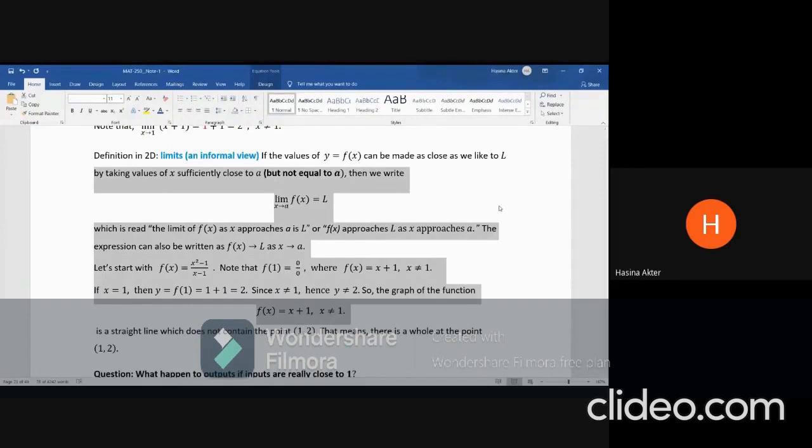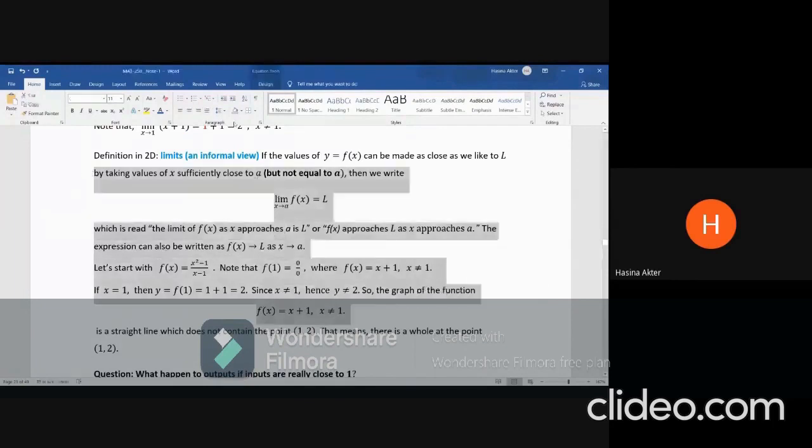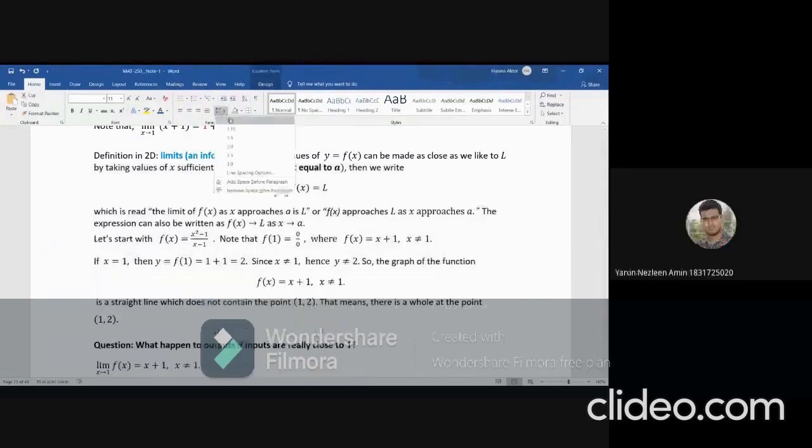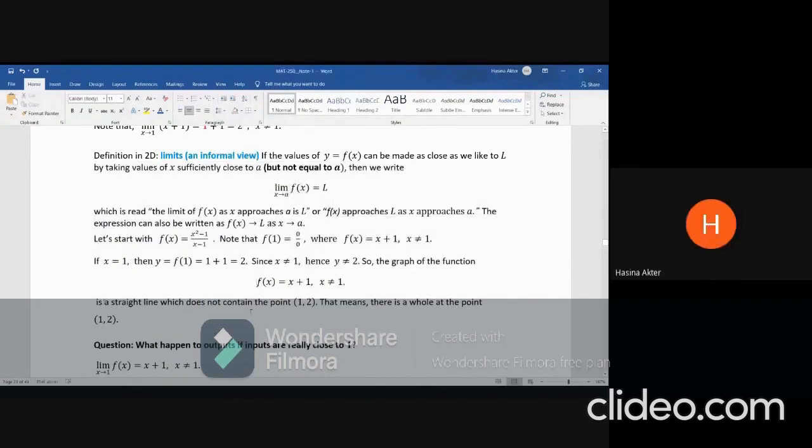So 1.000, infinitely many zeros, then 1. This number is greater than 1, but close to 1, but not equal to 1. Do you get my point? Miss, can you repeat again? Give me a number, up to your capability, that is really close to 1 and greater than 1.